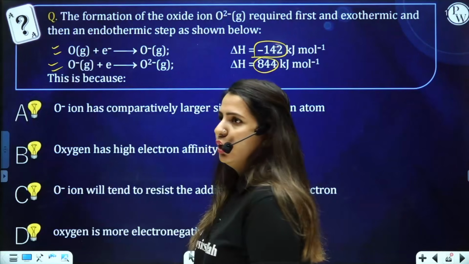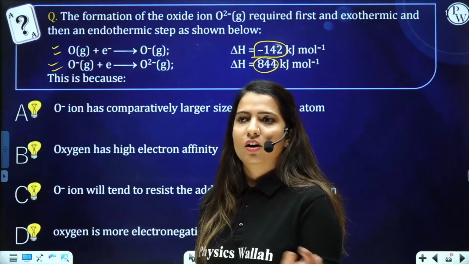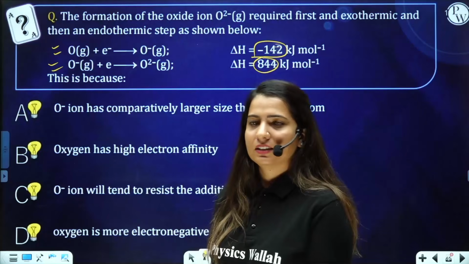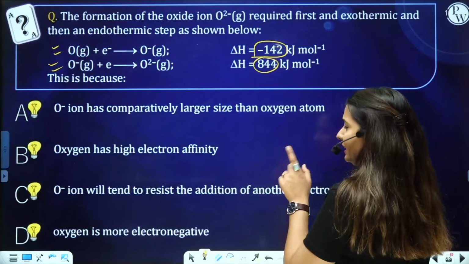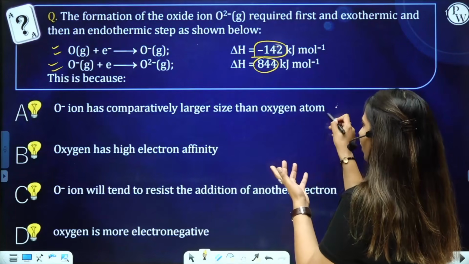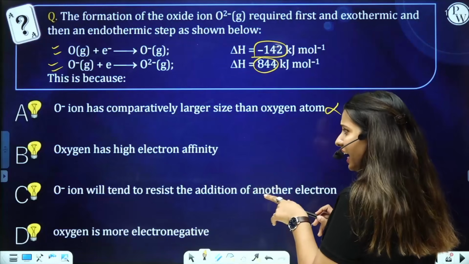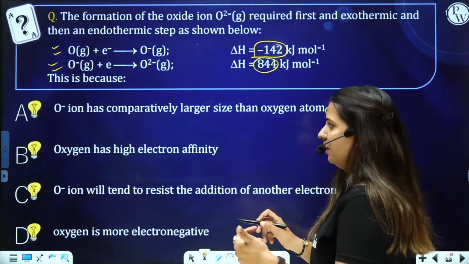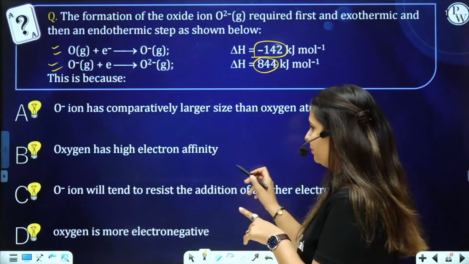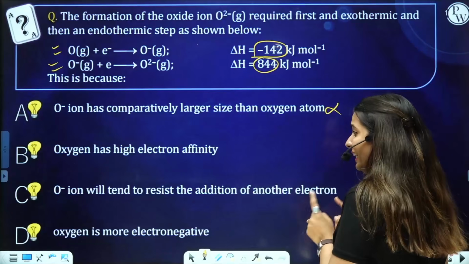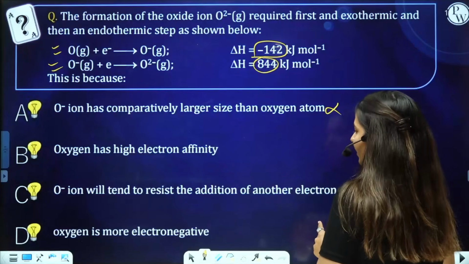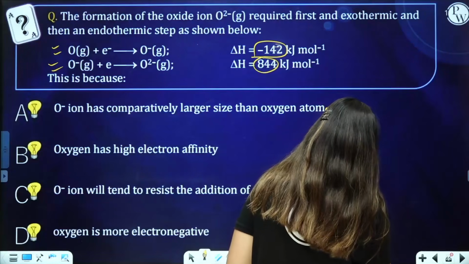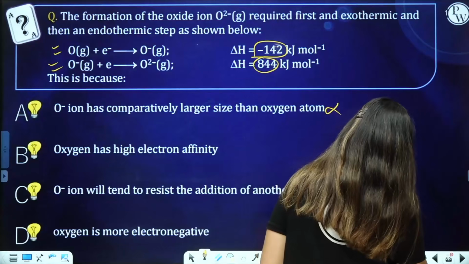That extra electron is already creating inter-electronic repulsion. There is no reason of size. Oxygen has a high electron affinity, that is fine, but this is not the answer. The O negative ion will resist the addition of another electron because of inter-electronic repulsion.